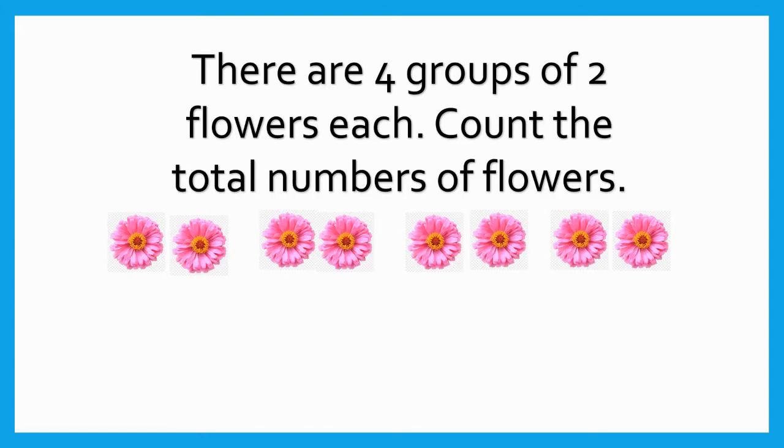Now children, let's begin with one example. There are 4 groups of 2 flowers each. Count the total number of flowers. 2, add more 2 flowers, add more 2 flowers, add more 2 flowers.